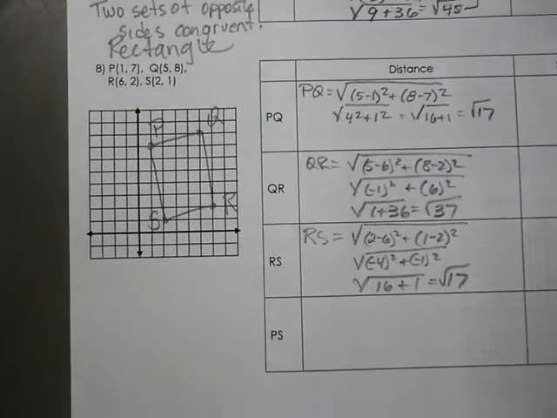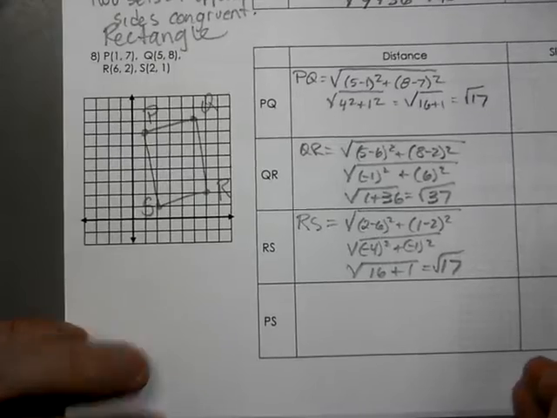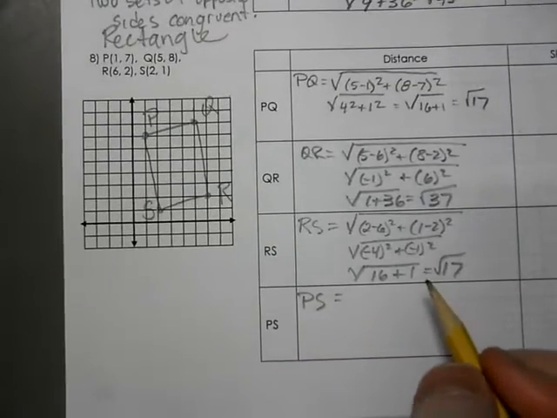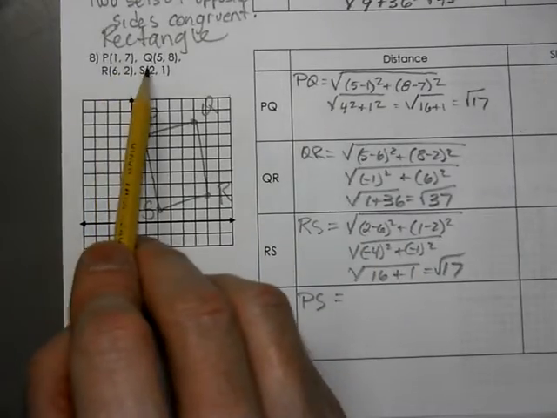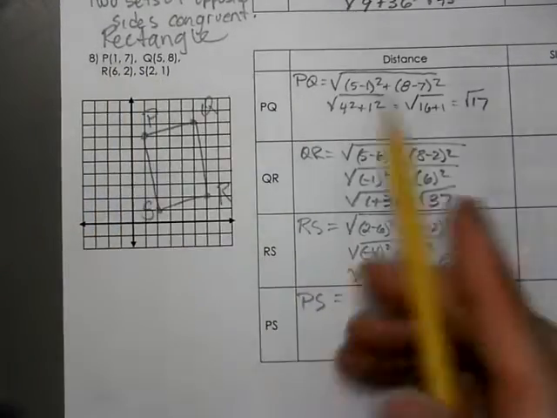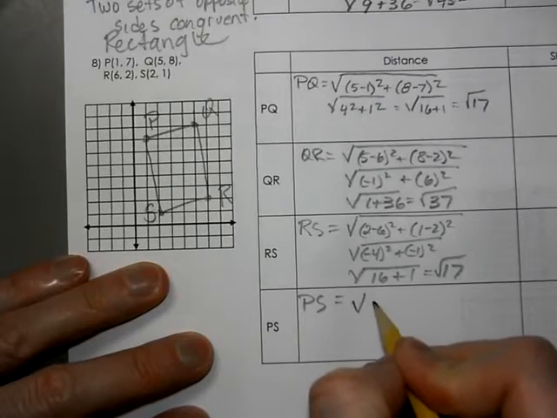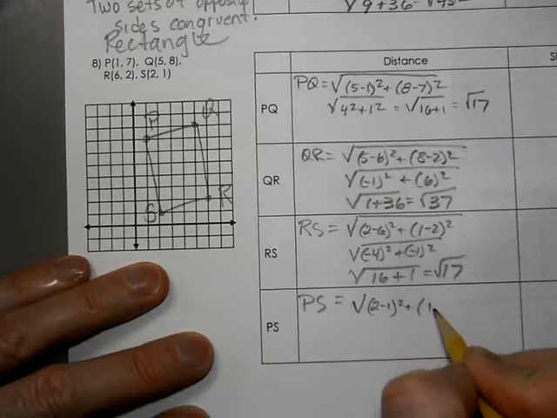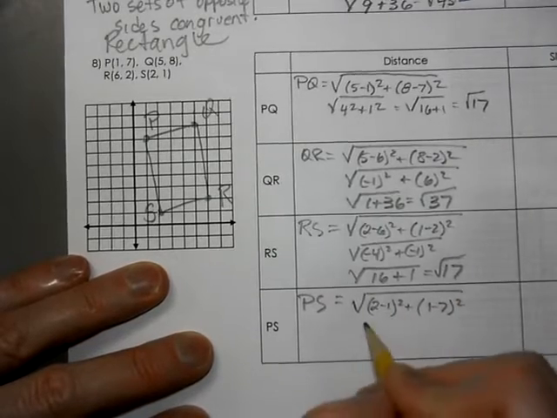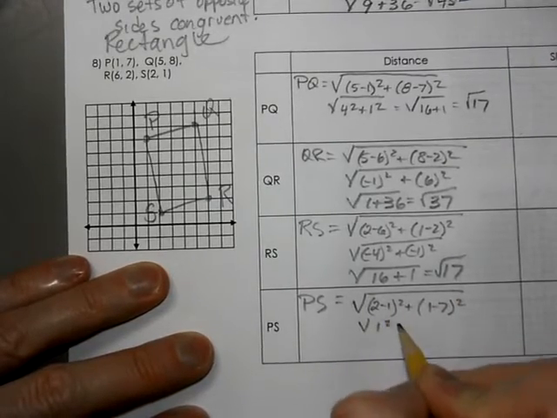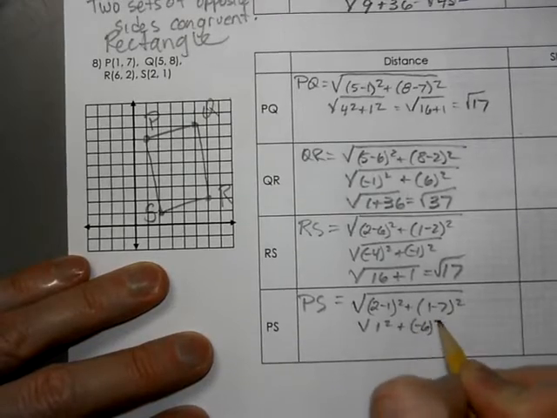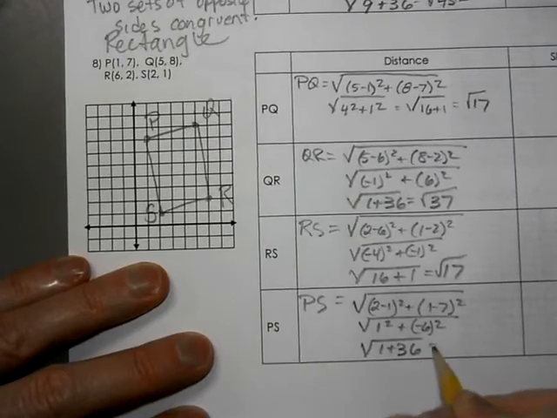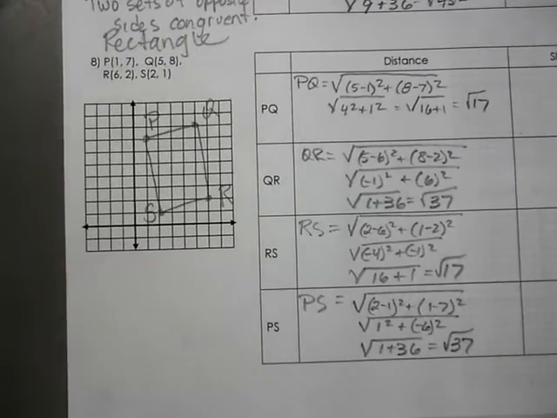Gives us the square root of 17. And then for our final distance, PS, 2 minus 1, 1 minus 7. Gives us the square root of 37.